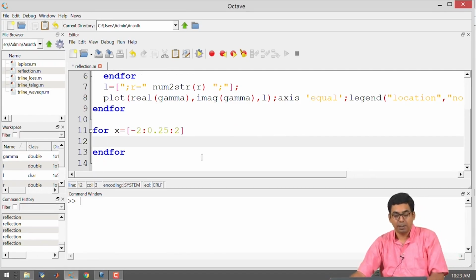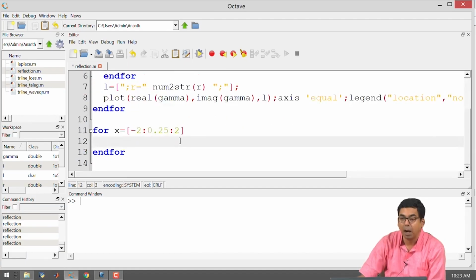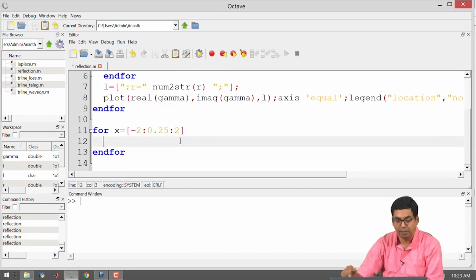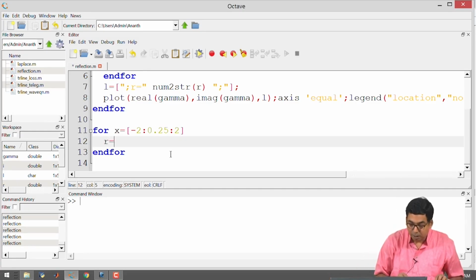I am doing this because resistance we were keeping from 0 to a positive number, because we are considering here only passive circuits. Okay. But I know that x can go from negative to positive. So, I am just taking a value minus 2 to plus 2, and I am going to go in steps of 0.25. Okay. And I want to build a vector for the resistor from 0 in steps of 0.1 all the way up to 1000. Okay.